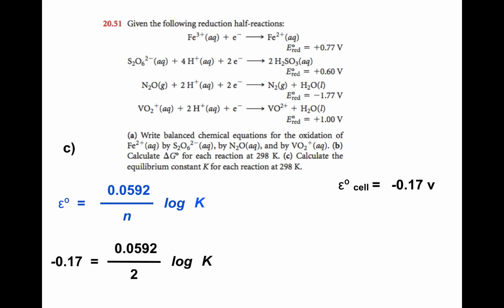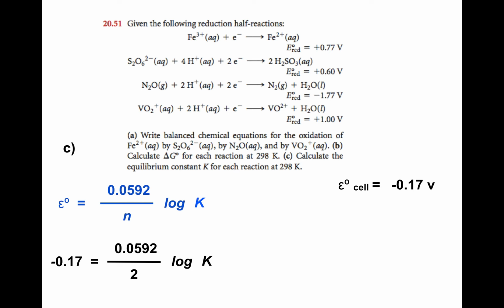So N stands for moles of electrons, 0.0592 as a constant, which included Faraday's constant to derive it. So divide moles of electrons into this constant multiplied by the log of K, and that would be a way of equating K to the voltage.